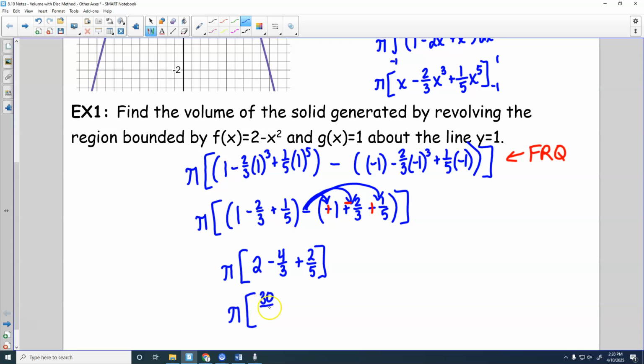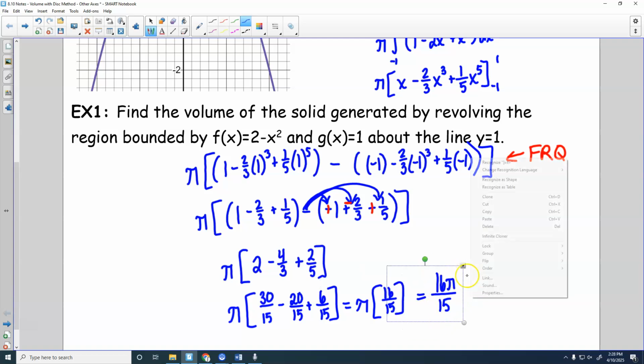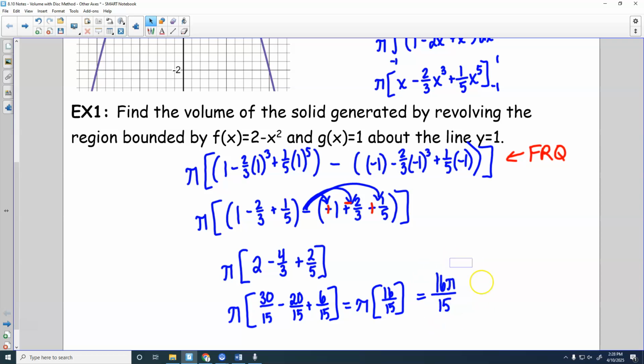I'll have 30/15 minus 20/15 plus 6/15, which is going to give me 16/15. So they'll probably write that as 16 pi over 15.